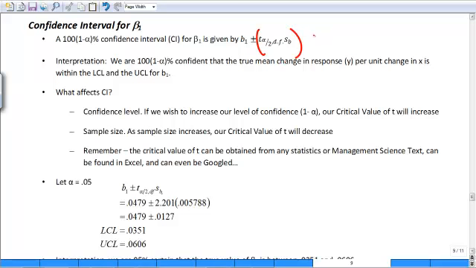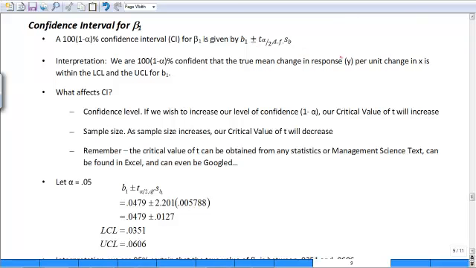I'm going to refer to that as a margin of error. And the confidence interval is simply going to be b1 plus or minus that margin of error. I put the margin of error together as a matter of convenience. It limits the number of calculations we have to do.